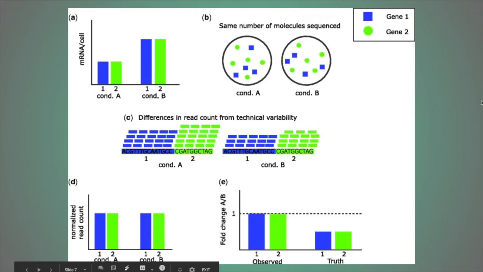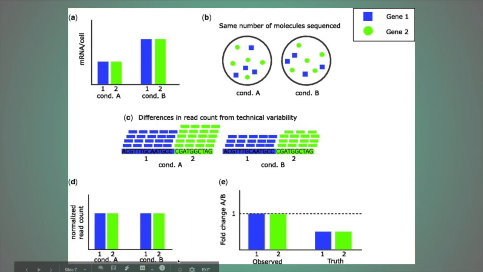Another issue with this principle is that you can't ever quite be sure about the absolute counts. You can't detect a global change in variation. As you can see here, conditions A and B, 1 and 2, the entire amount of mRNA is different. In condition B, both of these are upregulated.